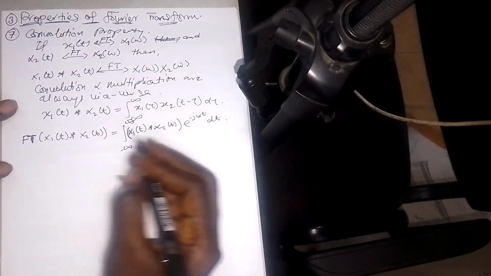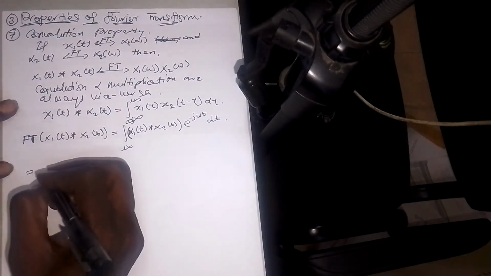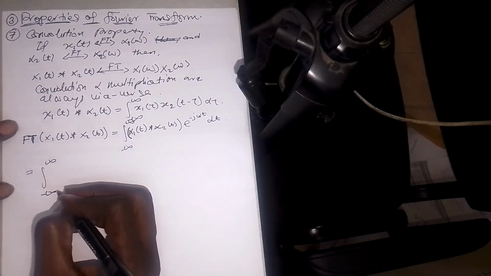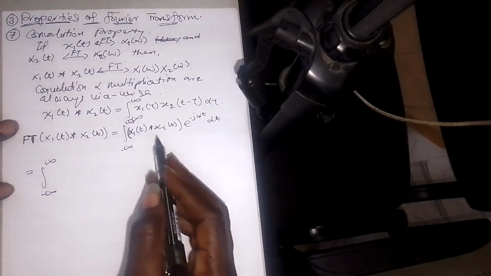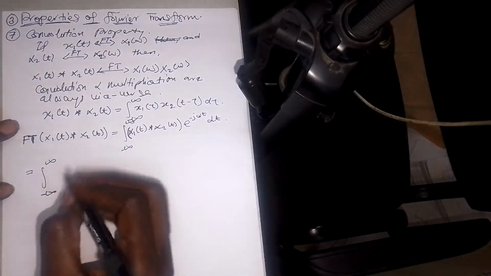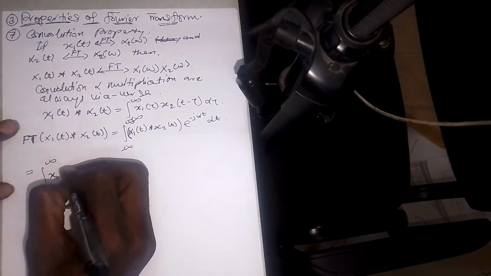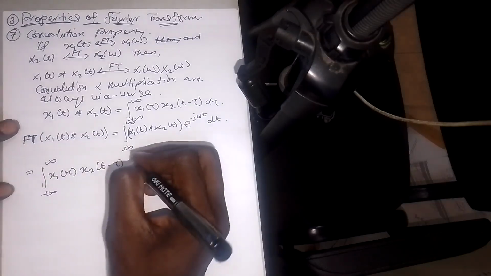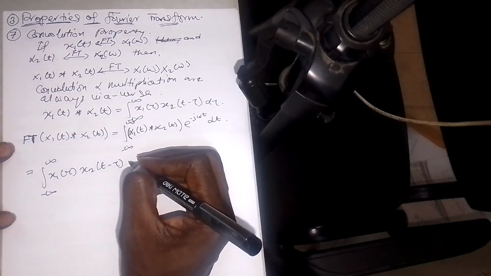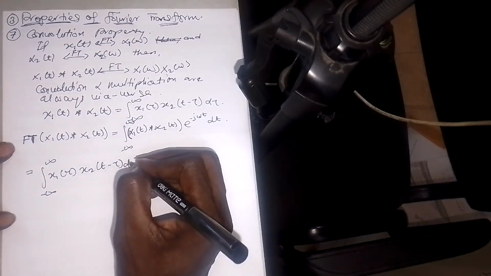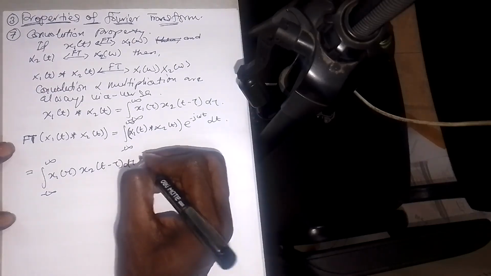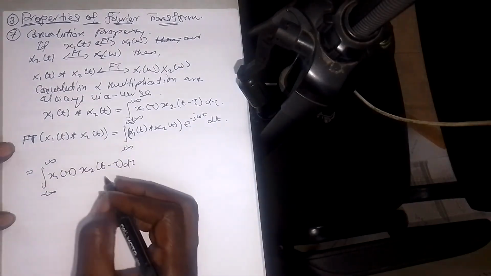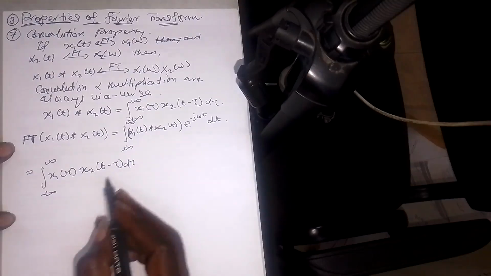Then I can put these two equations together, with the integral from minus infinity to infinity, and my convolution, which is x1 of tau into x2 of t minus tau, d tau.